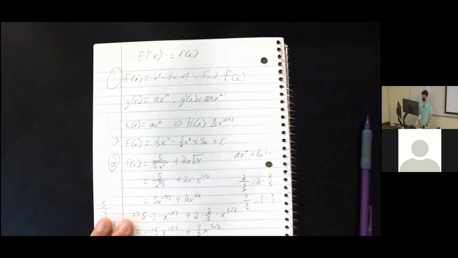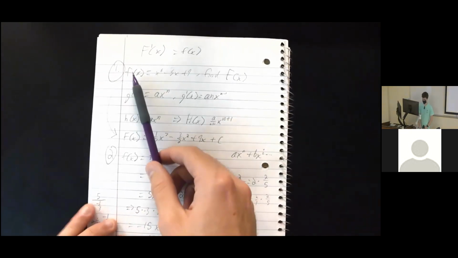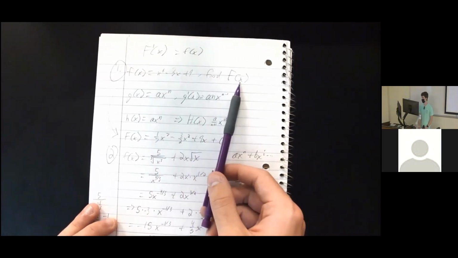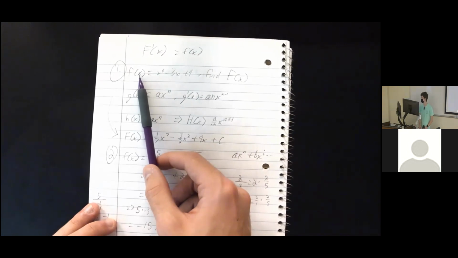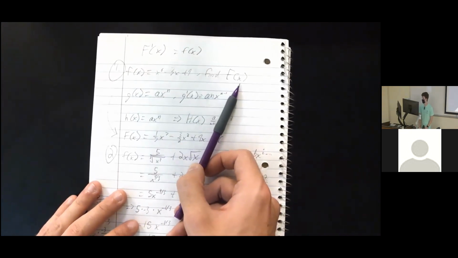All right, just in case the audio is messed up from earlier, I'll go over antiderivatives really quickly. Let's say we have some function f of x that is already the derivative of some other function, and we want to find that original function.